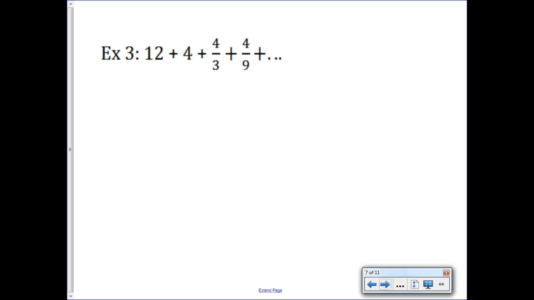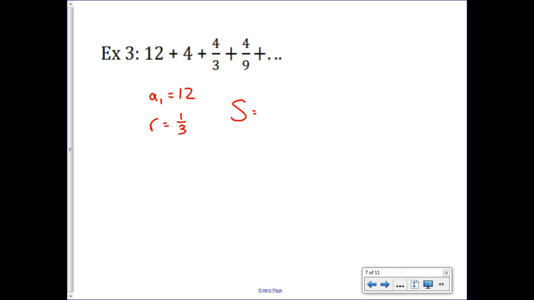All right, let's try another one. So we have 12 plus 4 plus 4/3 plus 4/9. So our first term is 12. Our ratio, we're multiplying by 1/3.